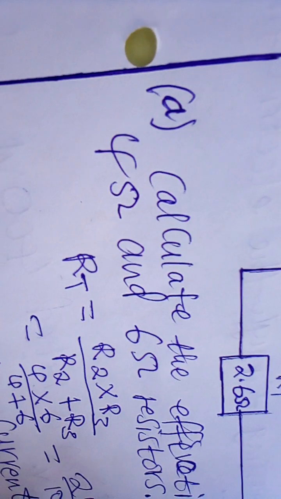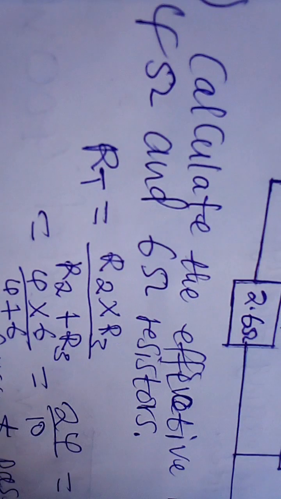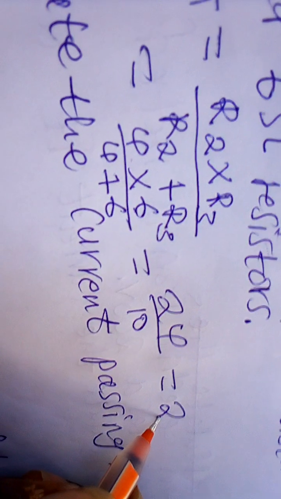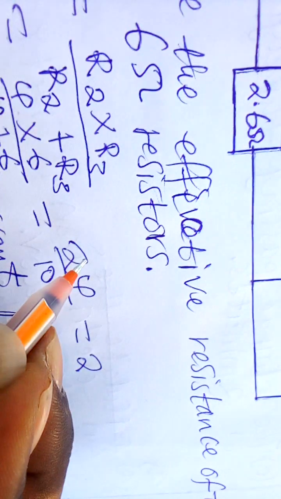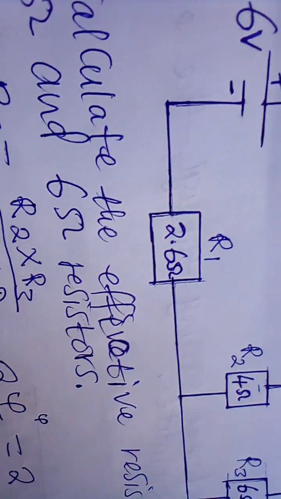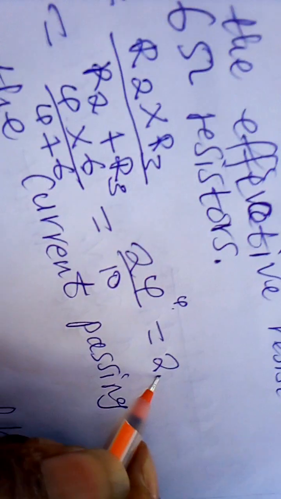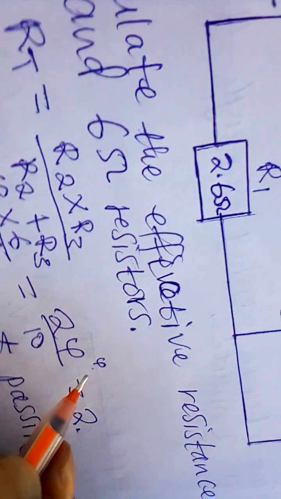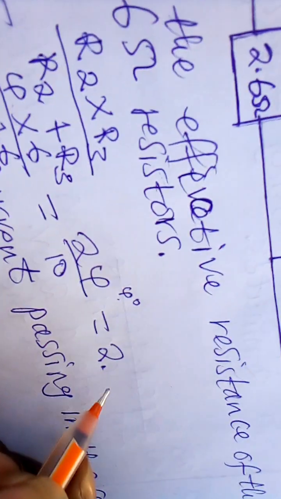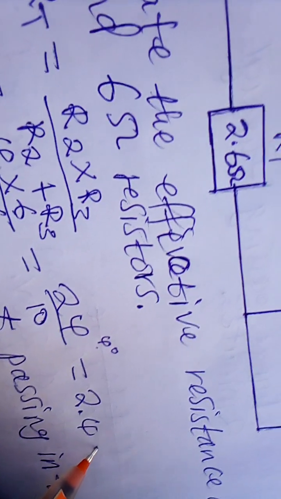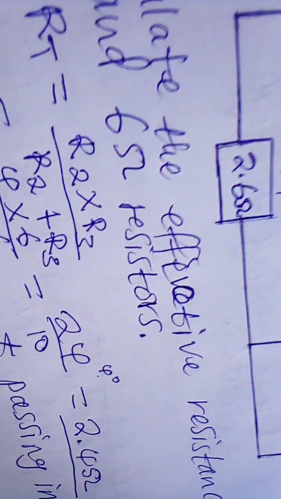So 24 over 10. 10 into 24 goes 2 times, remainder 4. 10 into 4 can't, so we write a decimal point and add a 0. 10 into 40 is 4. So the answer is 2.4, and the units are ohms. Then we underline our answer.